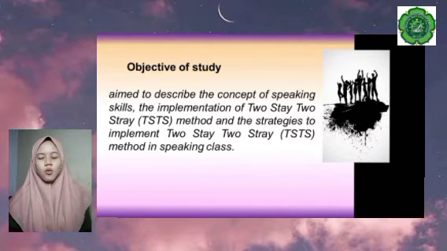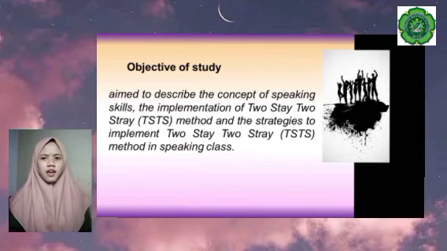And then knowing whether the Two-Stay Two-Stray type of cooperative learning has a positive effect on improving student English speaking in learning English. And last, knowing whether there are differences in improving students' English speaking skills using the Two-Stay Two-Stray method in the classroom.